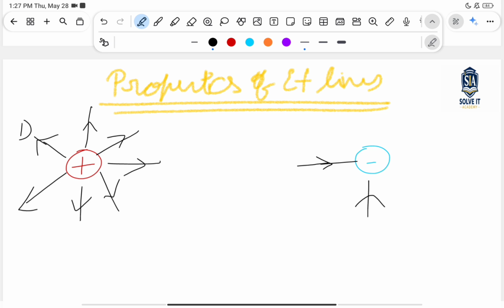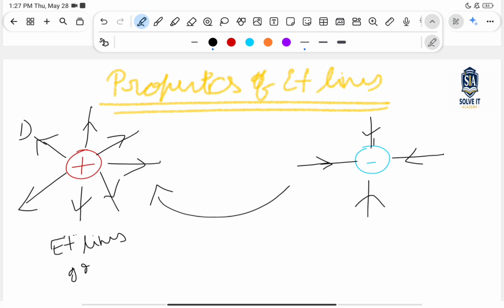In the positive charge they go away, and here electric field lines come towards.